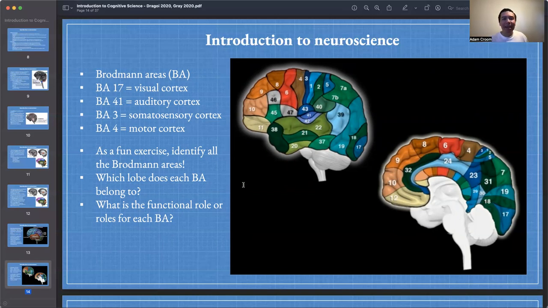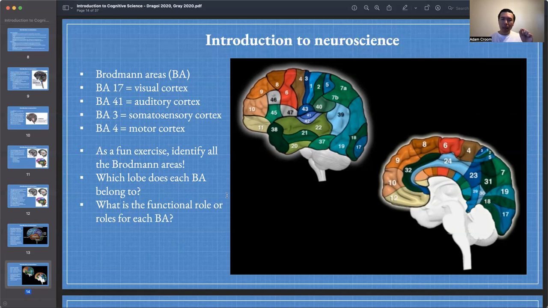All right, and as a fun exercise, I encourage you to try to identify all the Brodmann areas, right? What's 10, what's 38, what's 19, and so on, okay? Some things that you can do is ask yourself, for example, BA10, what lobe is that located in, right? Is it in frontal lobe? Is it in occipital lobe, right?